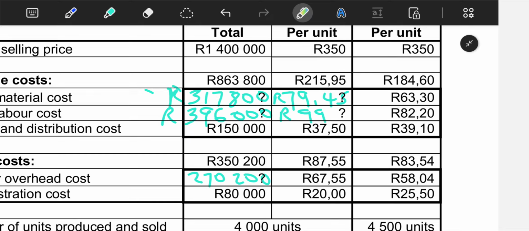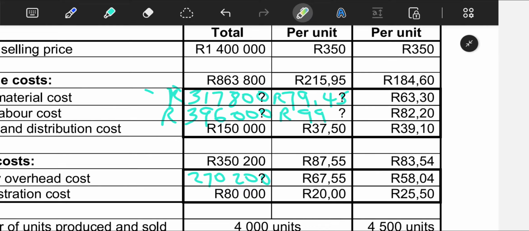If you want to show the examiner that you know your stuff, you can even do a percentage: 16.15 divided by 63.30. Then you get your percentage, which is 25.5. So you can say that the direct material cost per unit has increased by 25%.